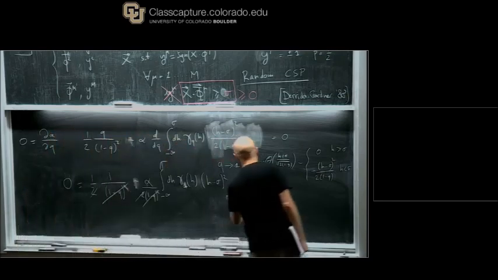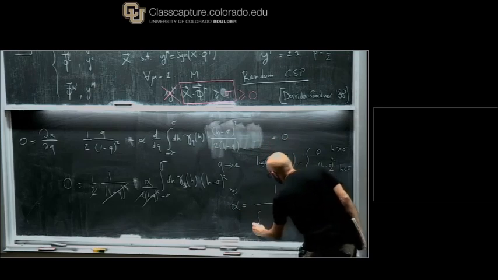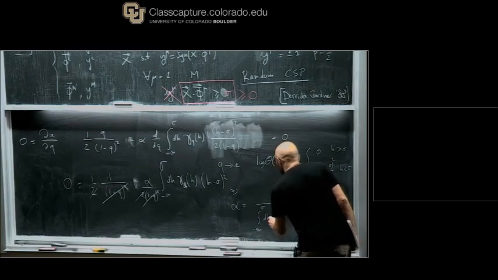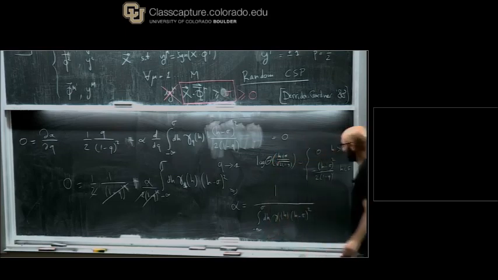So I get alpha equal to 1 divided by the integral between minus infinity and sigma of dH of gamma 1 of H times (H minus sigma) squared, which is the SAT-UNSAT transition point as a function of sigma.